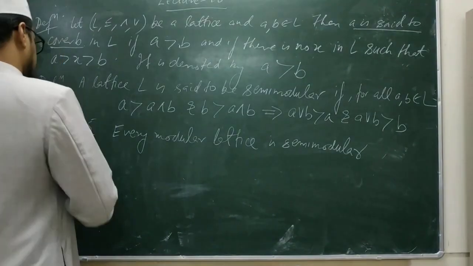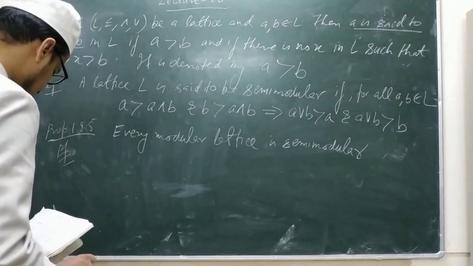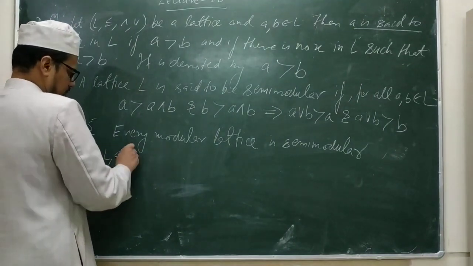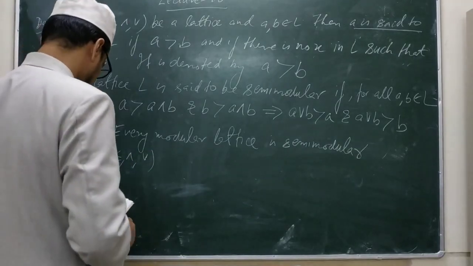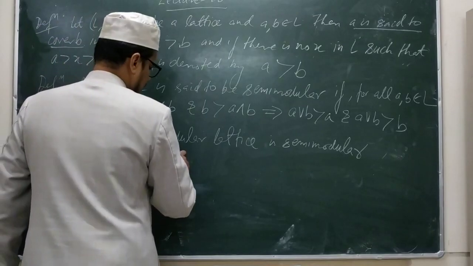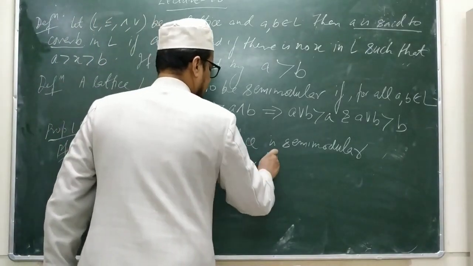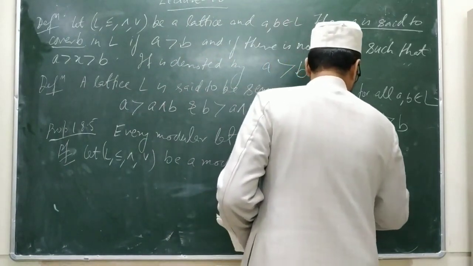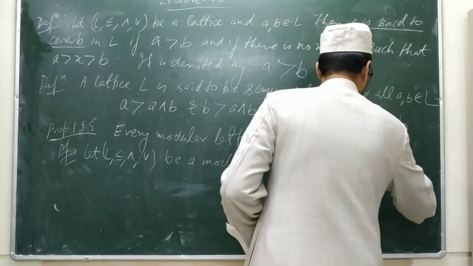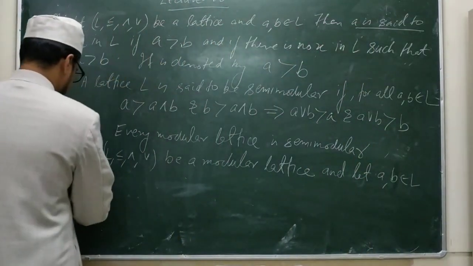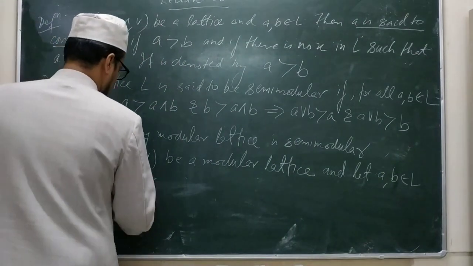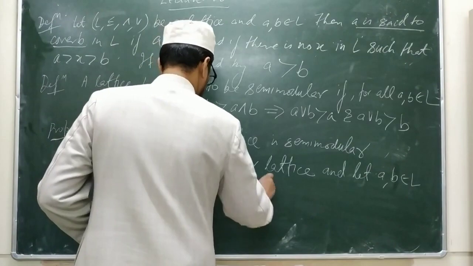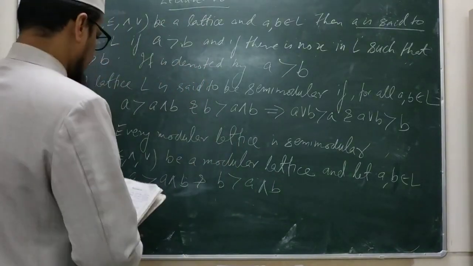We have to prove this, correct? The proof starts from here. Let L be a modular lattice and let A, B belong to L such that A covers A meet B and B covers A meet B. Is it clear?